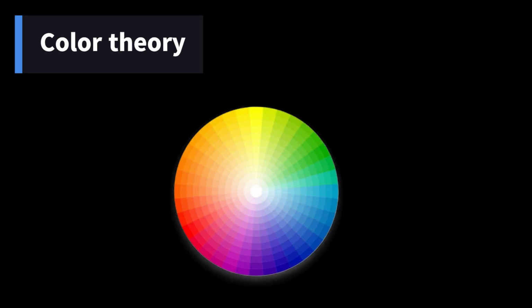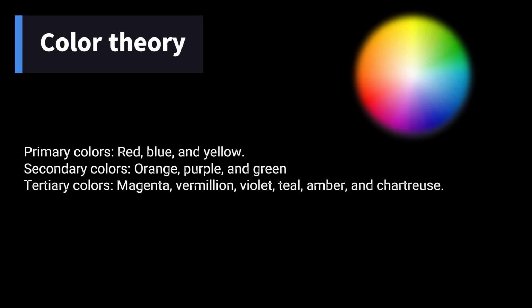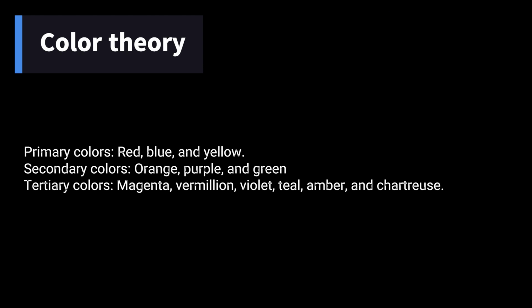Let's look at the basic color wheel display. We have primary colors, red, blue, and yellow. The secondary colors are orange, purple, and green, while we have the tertiary colors, which are magenta, vermilion, violet, teal, amber, and chartreuse.